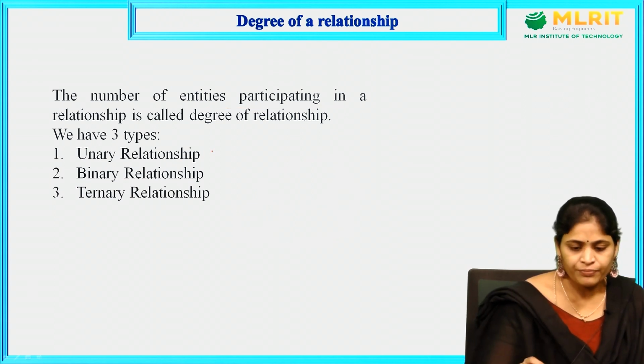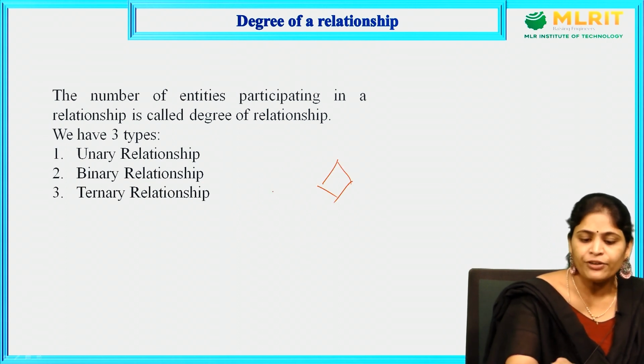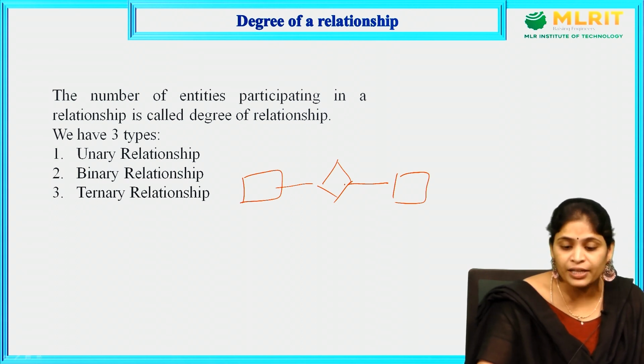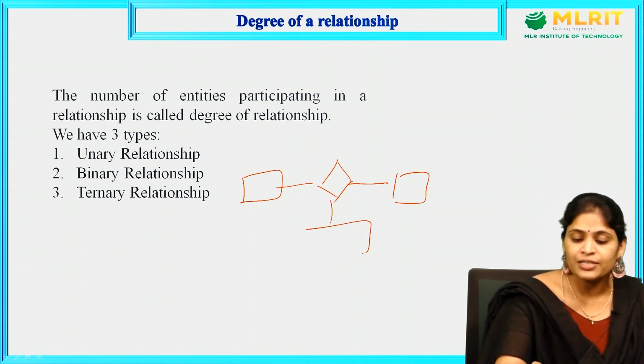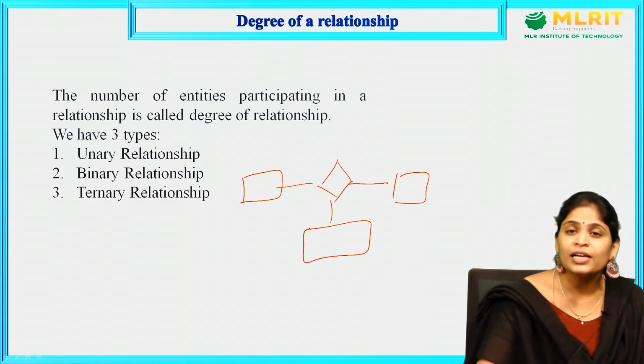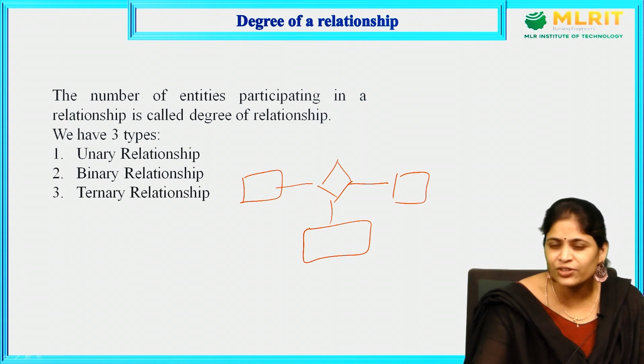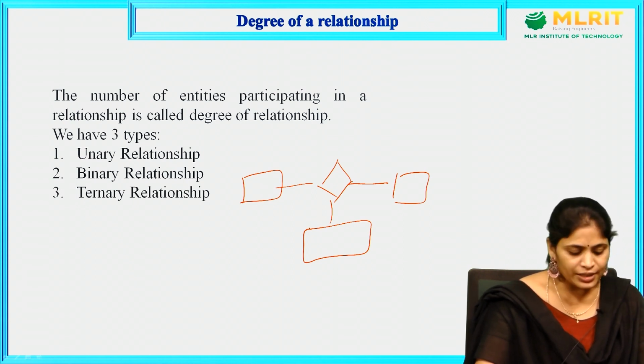If 2 entities are participating, then it is called a binary relationship. If exactly 3 entities are participating, then it is called a ternary relationship.